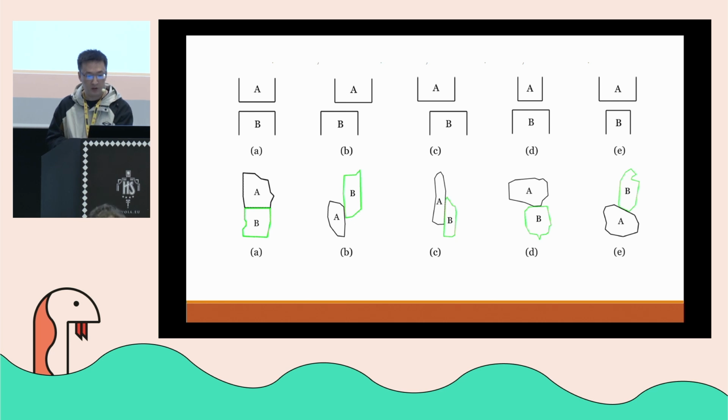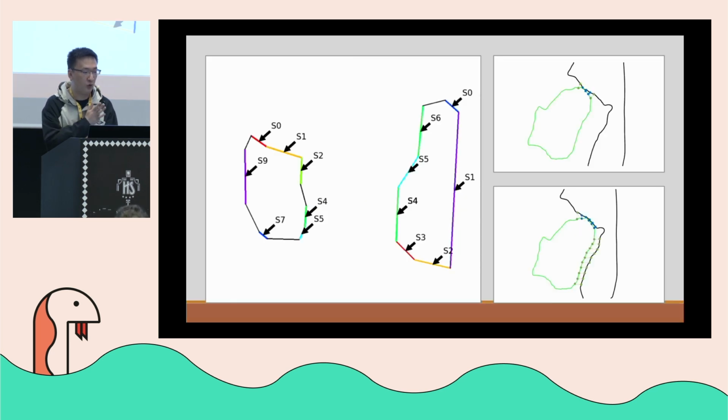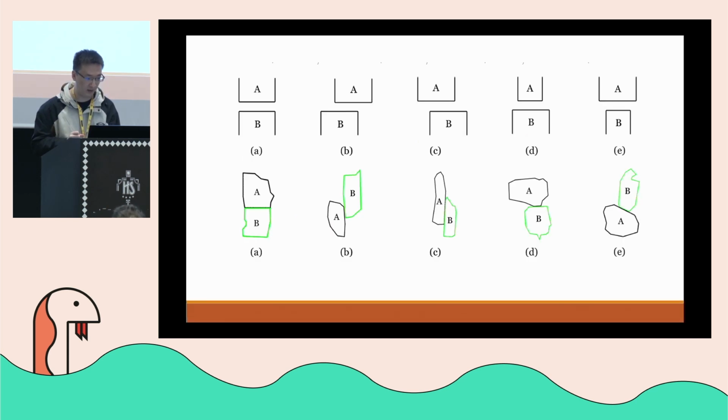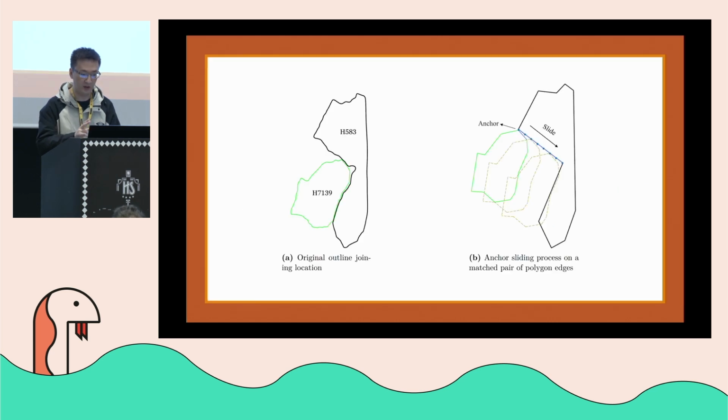And oftentimes, once we translate and rotate based on the similar edges or based on anchors, as I name them, because anchors are located on the ends of the edges. Sometimes that's not enough, because these fragments are not joined at the beginning point of the anchors.